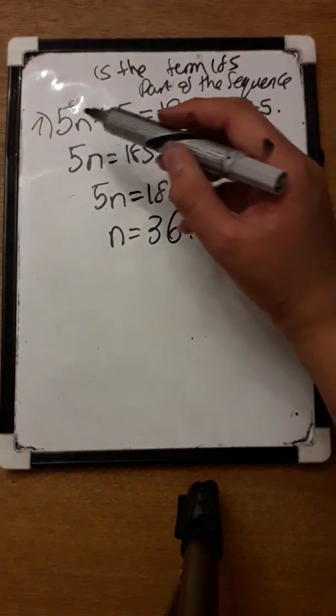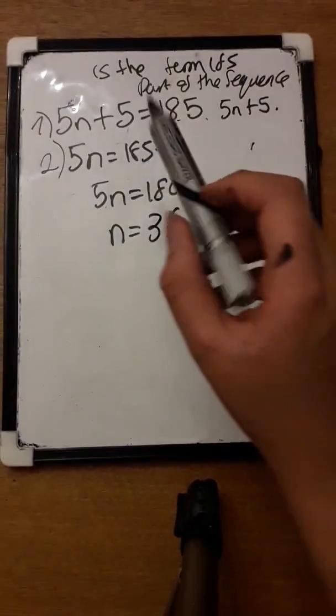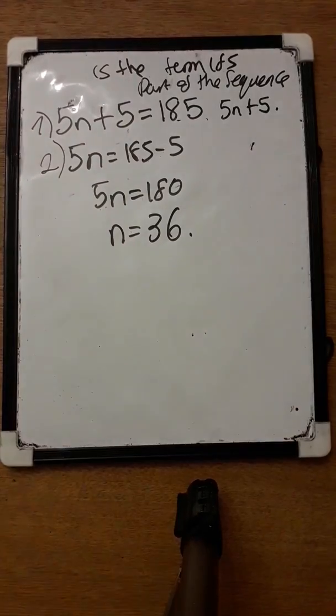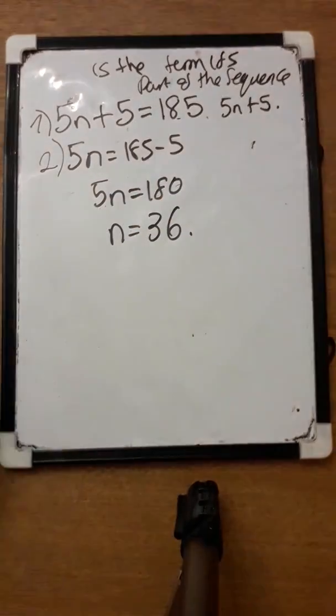Then what I do, I collect the like terms onto one side. That's step 2. So I do 5n equals 185 minus 5. This is because to get the 5 onto one side, I subtract 5 from both sides. So 5n equals 185 minus 5, and therefore 5n equals 180.